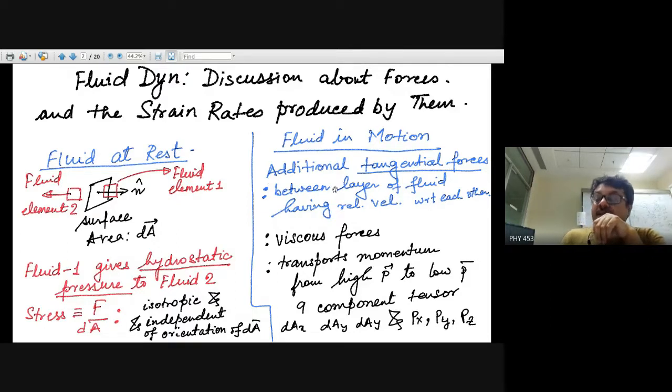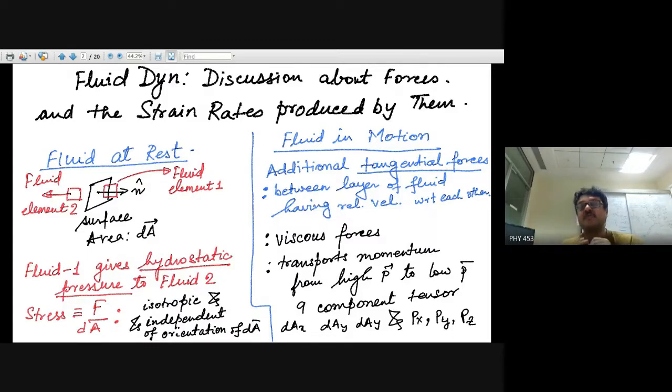However, if different parts of the fluid have a relative velocity with respect to each other, then if you take a small fluid element and look at the surfaces, you would have viscous forces acting, because there are fluid elements moving with respect to each other.